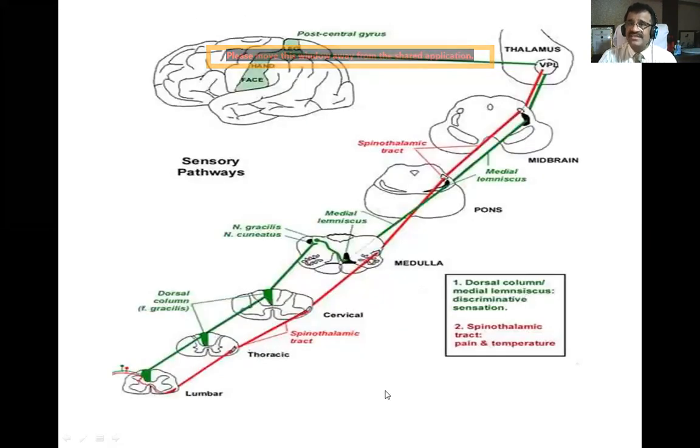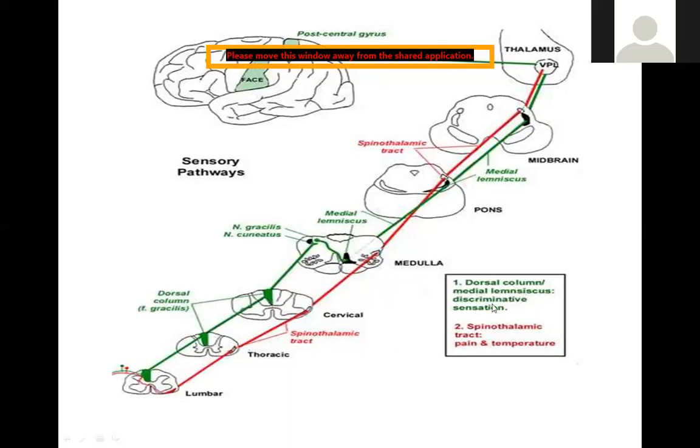Here you can see the postcentral gyrus, and the same tract, how it comes, in case of legs, from lumbar to thoracic to cervical to medulla to pons to midbrain to thalamus, and from the thalamus it will go to the postcentral gyrus. So the postcentral gyrus is the primary sensory area, area number 3, 1, 2. I'm just showing you the tracts: medial lemniscus for discriminative sensation, and spinothalamic tract for pain and temperature.